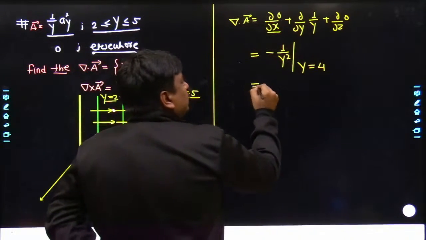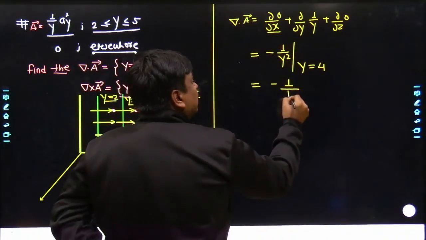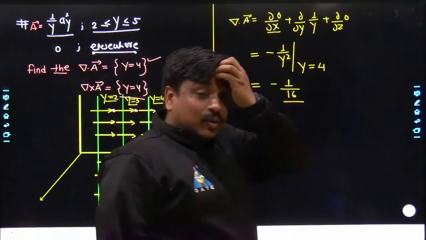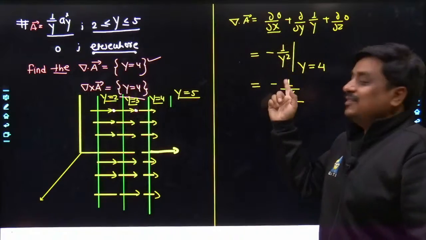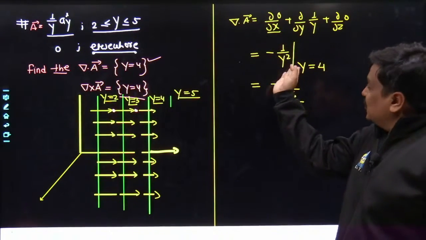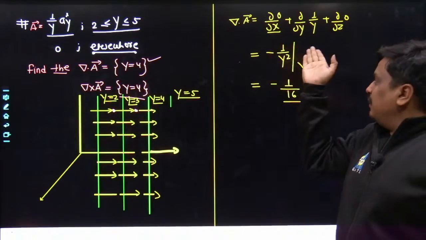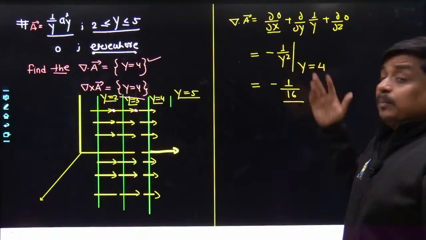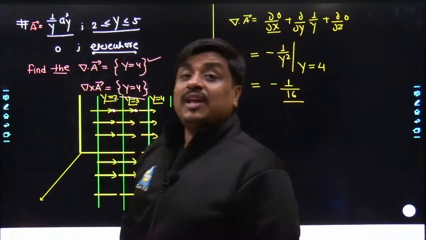You can see very well the answer is minus 1 upon 16. Could you understand what was the outcome? Yes, because of the differentiation also, the minus sign has come out, and because of the minus sign, whatever we are calculating theoretically, even mathematically it seems to be the very same.